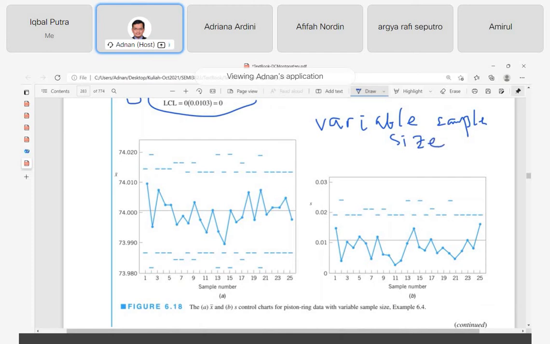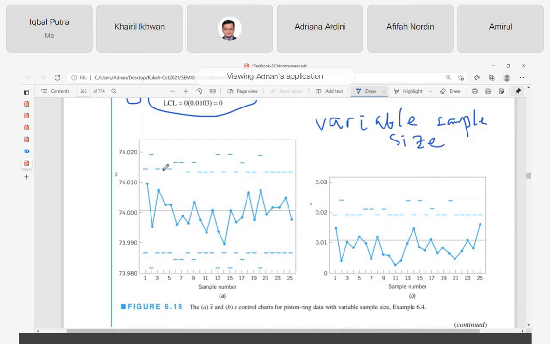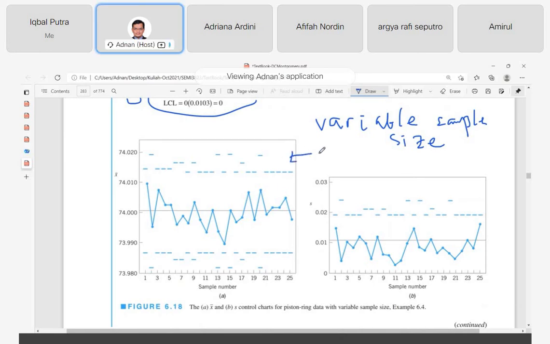The dash. The dash here is actually showing control limits. It's very tedious to have a control limit for every sample, so the dash actually is showing the control limit.